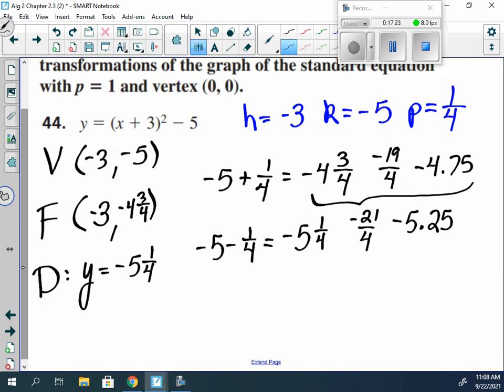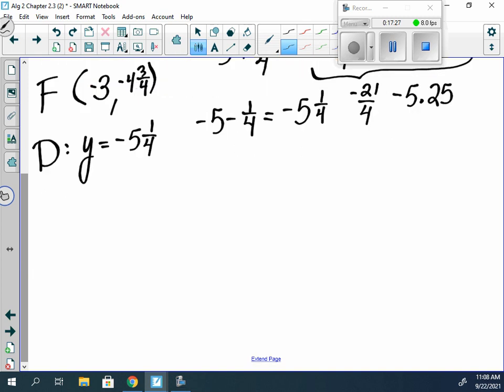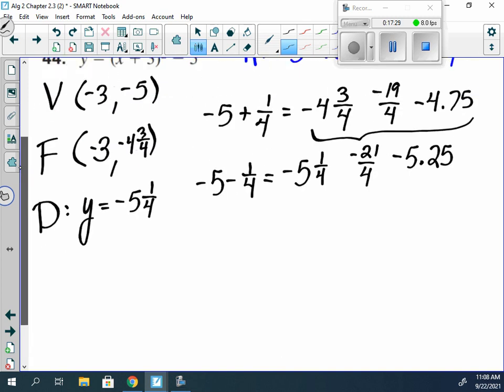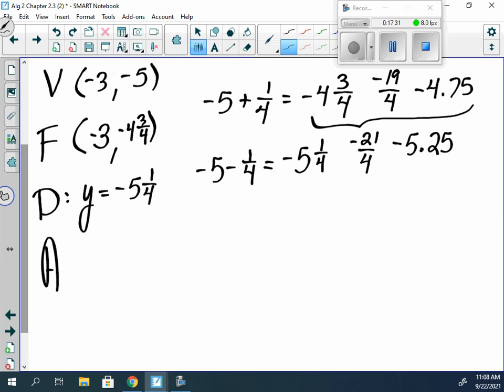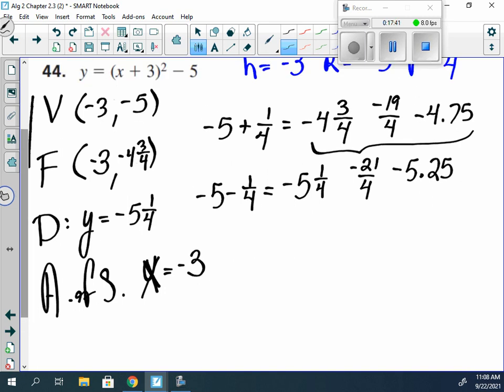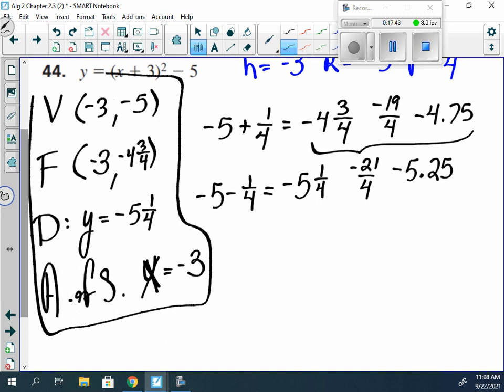Now, normally for equations, we don't really use mixed numbers, but there's nothing wrong with it. At least I don't find anything wrong with it. And last but not least is the axis of symmetry, which would be x is equal to -3. That's it. That's all there is to this.